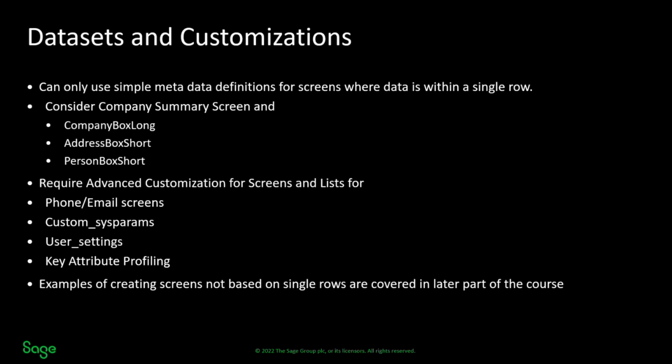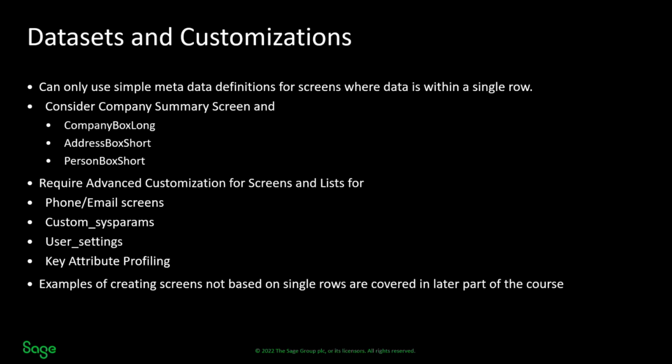Most screens that you are able to edit, or all screens that you are able to edit, will have been associated with a single row of returned data. So these would be things like the company box long, the address box short, the person box short, which all make up the structure of the company summary screen.